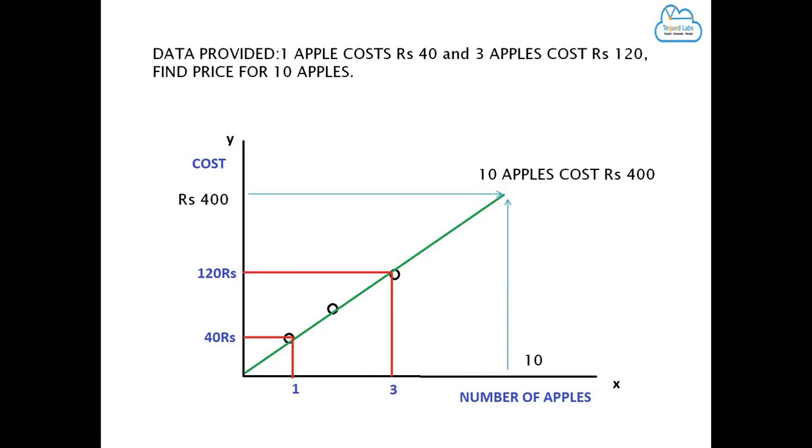If I want the price for 10 apples, I need not calculate again. I just extrapolate the line to 10: the x value is 10, and what would be the y value? That is 400. So the cost of 10 apples is 400. That is how regression works.